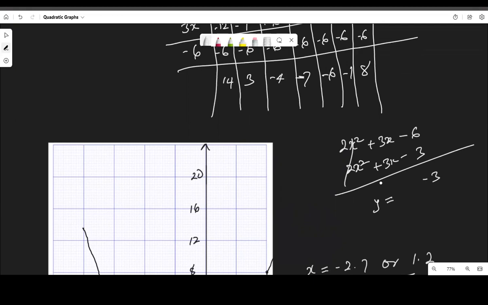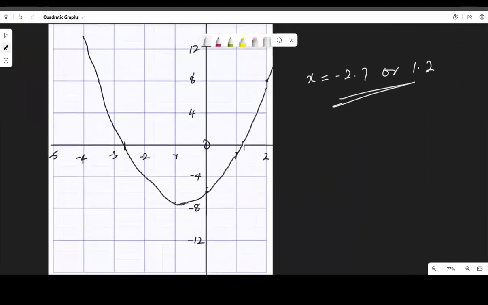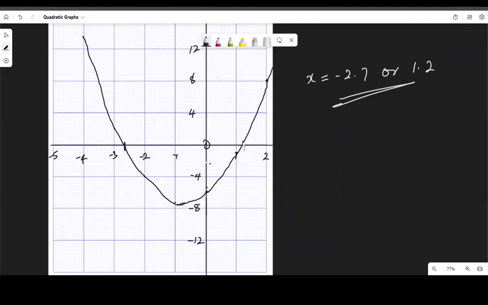If y is equal to minus 3, we will look at the graph and draw a line at minus 3. Minus 3 should be somewhere here. Draw a line to touch the curve and find the value of x at that point. Draw a line to touch it here. Trace it here also.